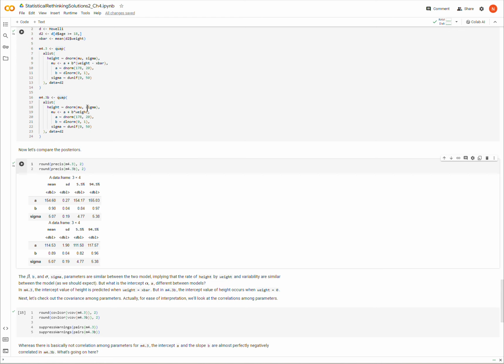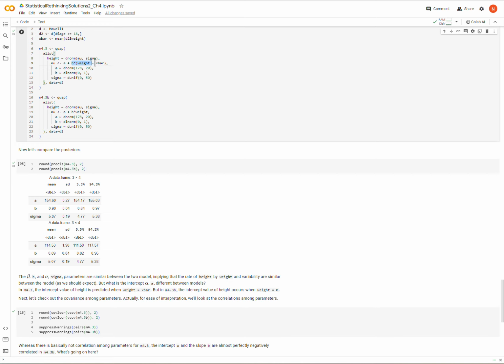So what accounts for this is, the intercept term, this alpha term or the A term here, the parameter A, is the value of mu when this product is 0. Now in the original model, mu equals A when this term equals 0.